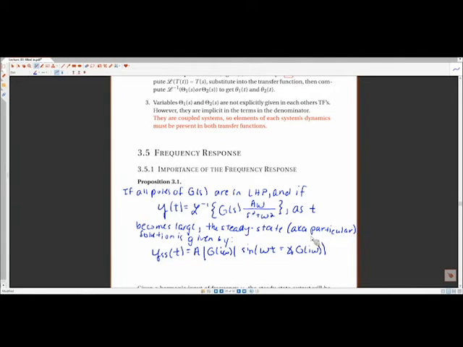So A is the input magnitude. The magnitude of G(i omega) is the system gain.